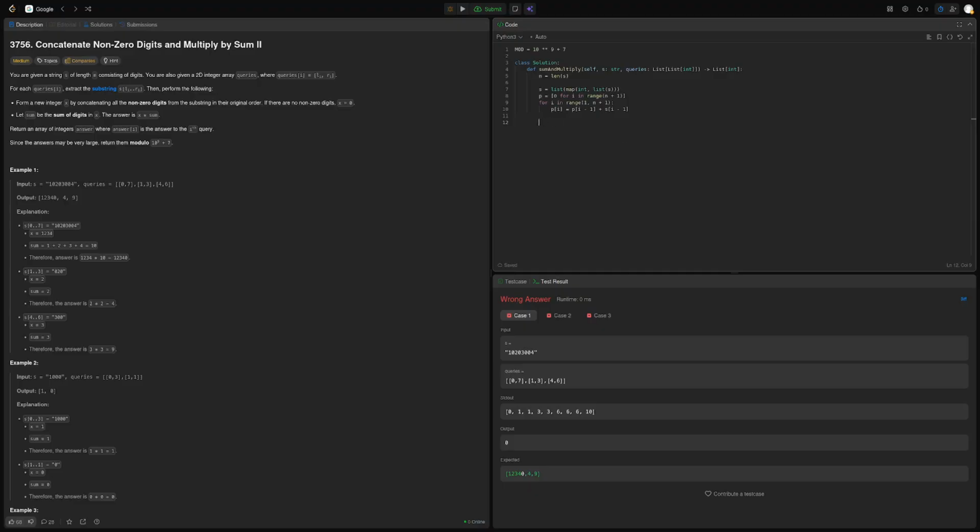Let's call this p prefix sum, and px, because x is the constructed number. Range n plus 1, and for i in range 1 to n plus 1, we can do it here also. And now how to do that?